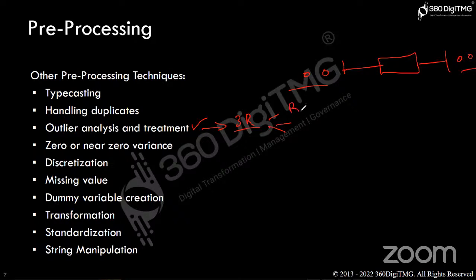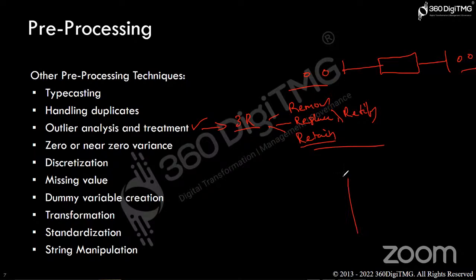First is remove. Second is replace or rectify. Third is retain. Retain means we'll have to keep the data. Remove means we'll have to remove the data. Replace or rectify means somehow we'll correct the data with a value which is correct for that place.